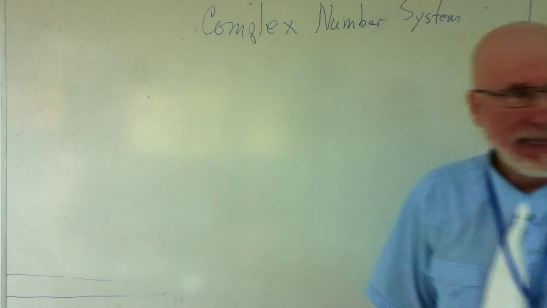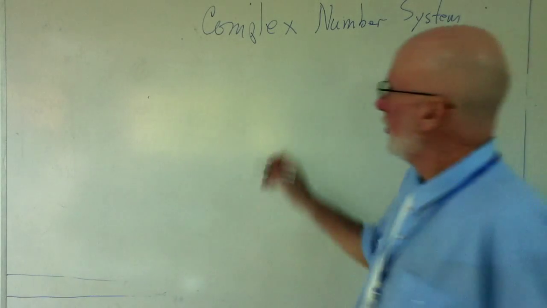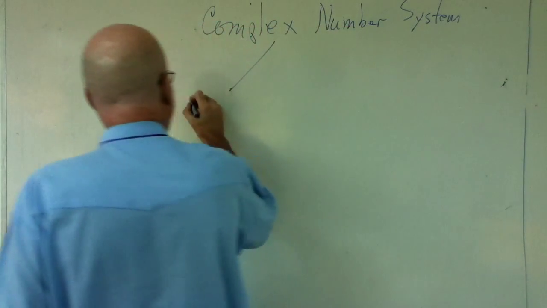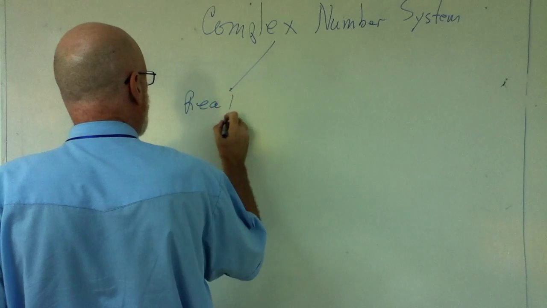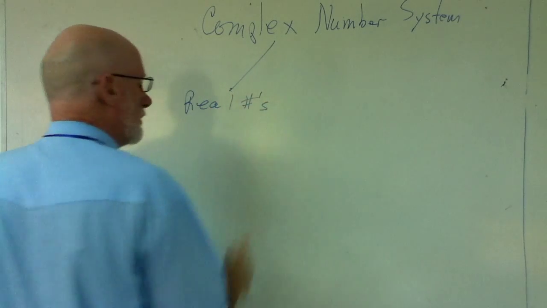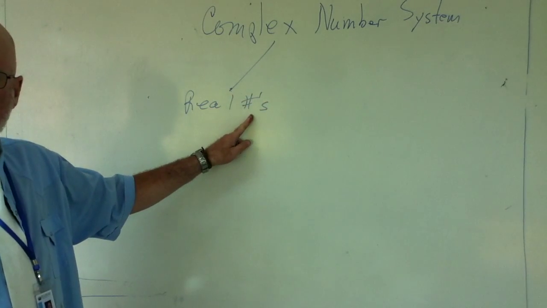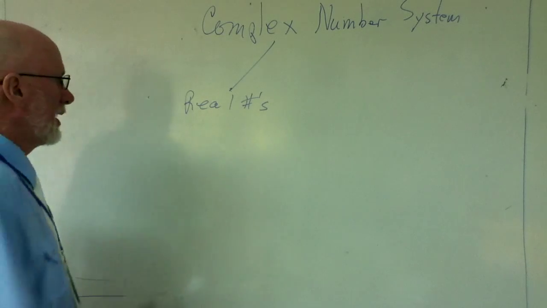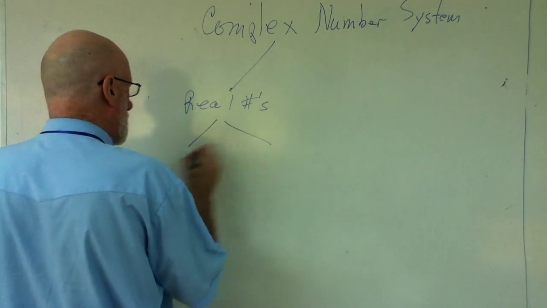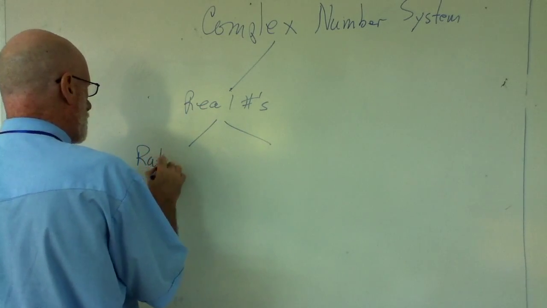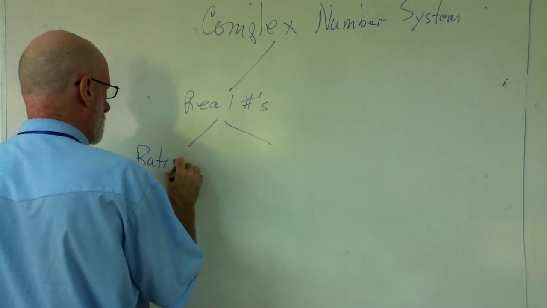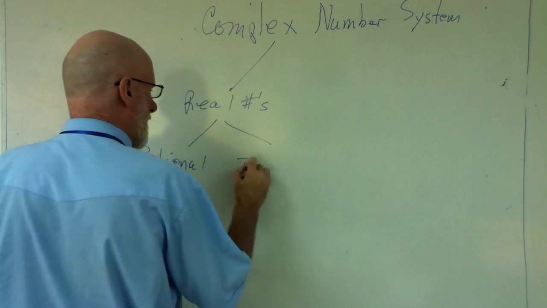And in the complex number system, you have real numbers. That symbol stands for real numbers. Under real numbers, we have rational and we have irrational.